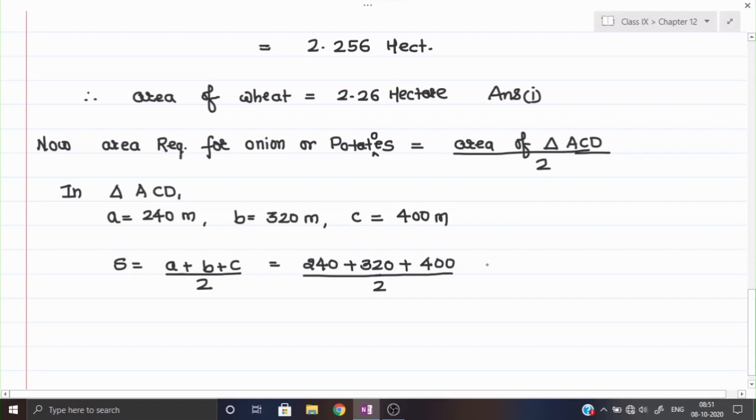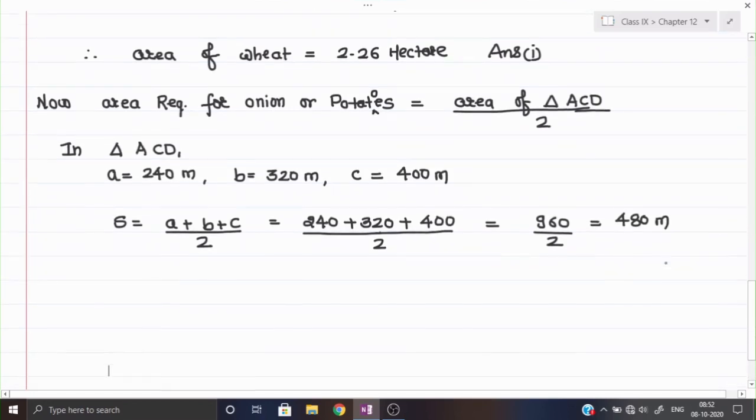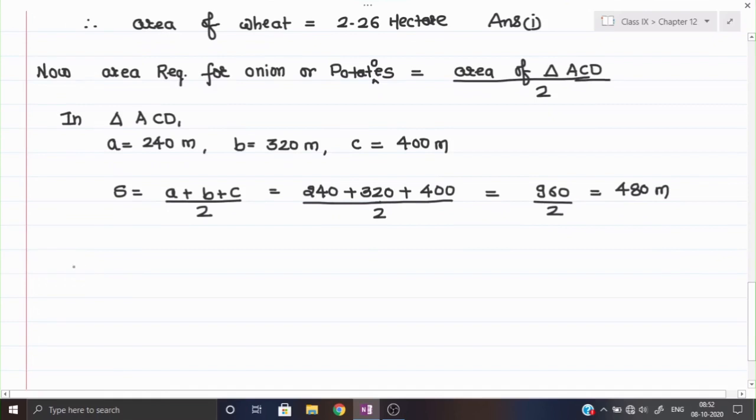Okay, now 400 plus 300 is 700, 700 plus 200 is 900, I think it is coming 960 divided by 2. So this will be equal to 480 meter. Okay, this will be our value of semi-perimeter. Now let us find out further.